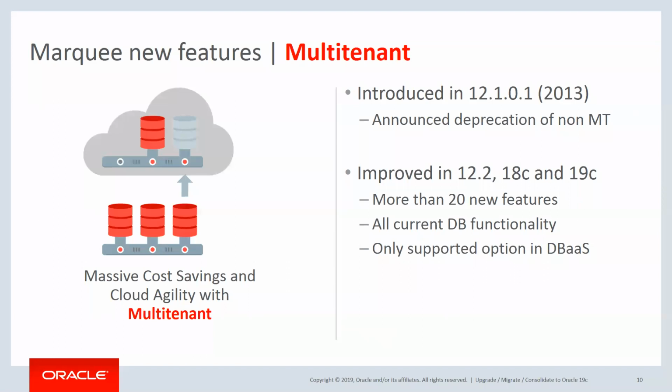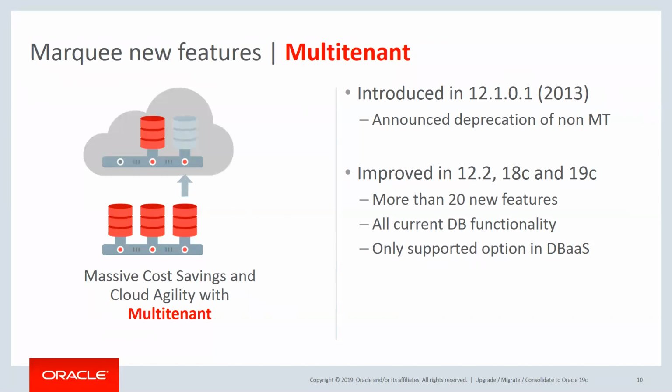What we also did was announce the deprecation of the non-multi-tenant environment, because we absolutely believe, I personally believe, that multi-tenant is the way to go for the future, as in setup, as in database. And you see that a lot of the things we have introduced in the cloud, especially the autonomous database, are only possible if you set this up with a multi-tenant setup.